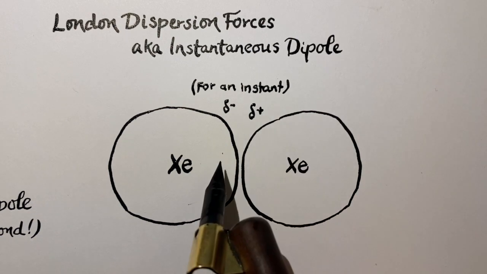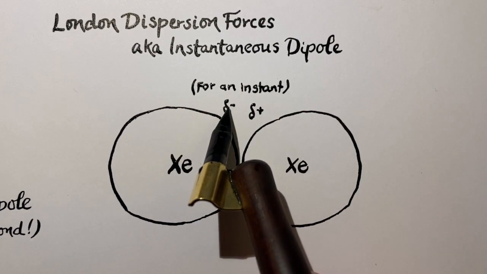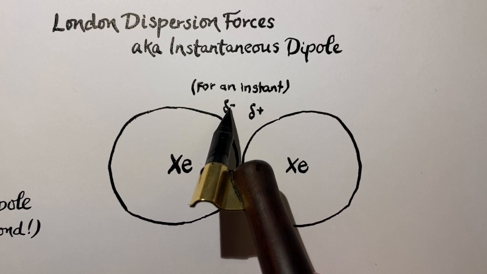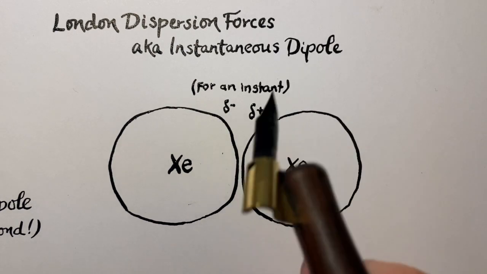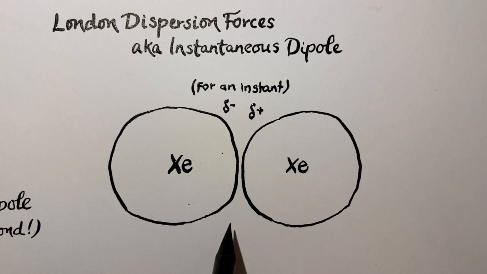Okay? And this goes back and forth. So for that instant, maybe it's negative on this side. And then at another different instant, the opposite could happen. You could have it switch.